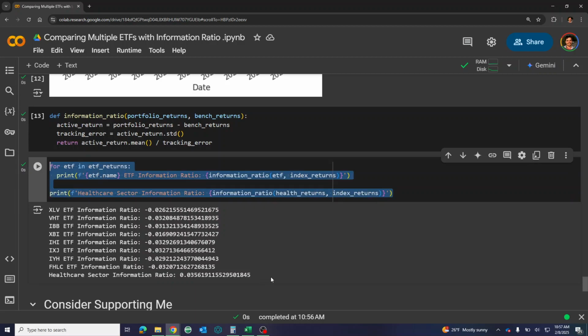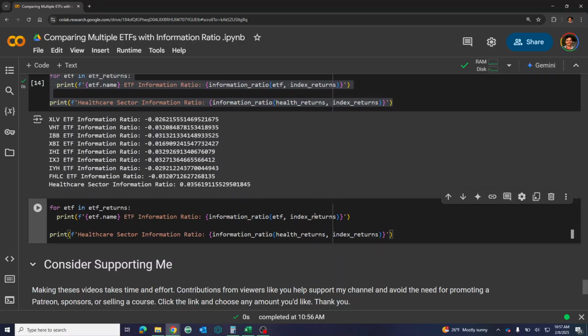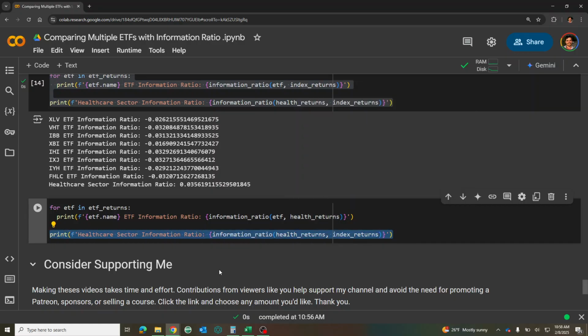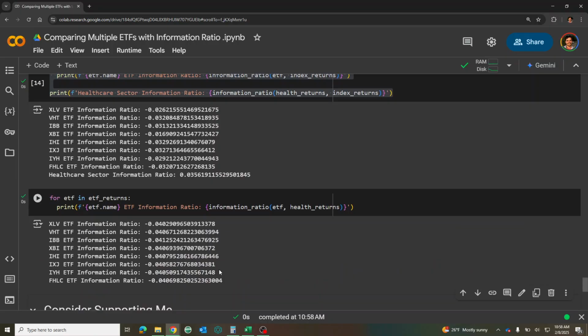If you're interested, instead of using the S&P 500 as our benchmark, we could use our healthcare returns. The thing is, if we're going to use our health portfolio, it's not going to make sense to print that out. So now when we compare the average active returns divided by the standard deviation for each ETF versus just having a portfolio, you can see that it's all negative as well.